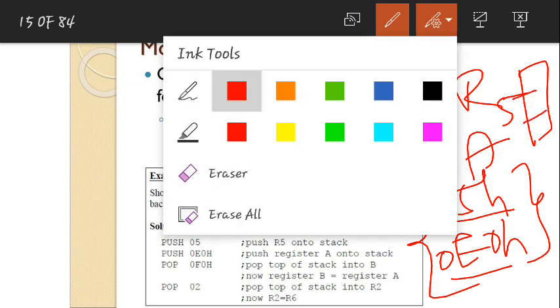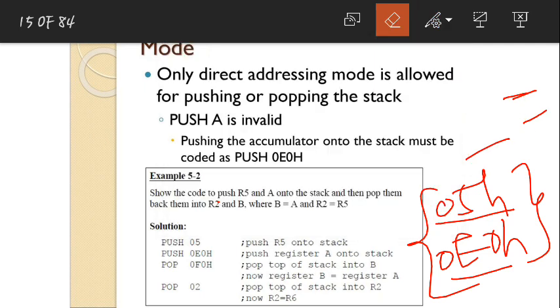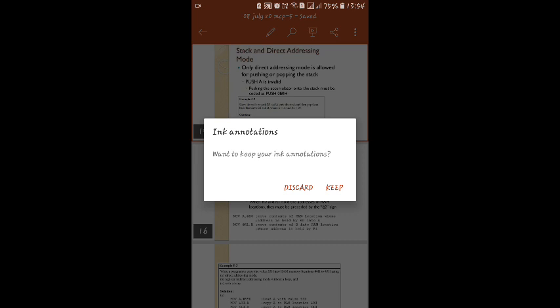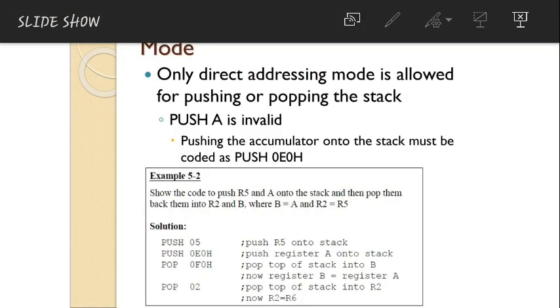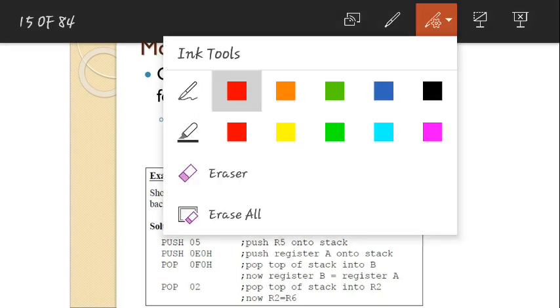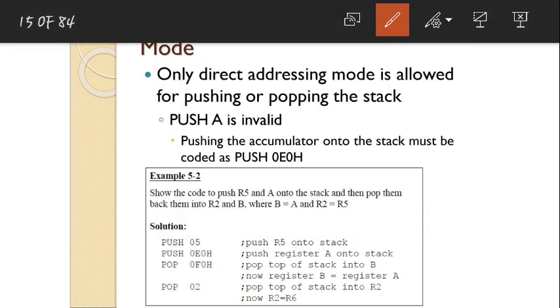Let me explain this clearly. After R5 and A, that means R5 means I'll use the 05 location and the 0E0H location to push.